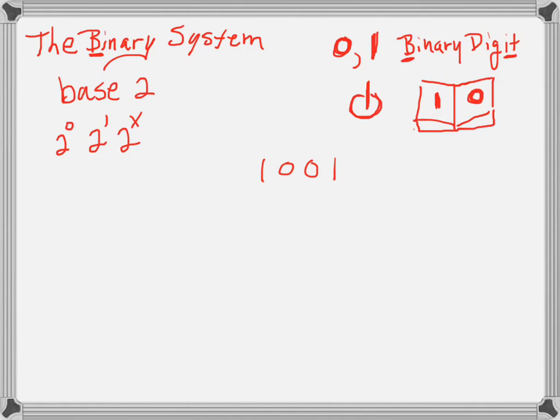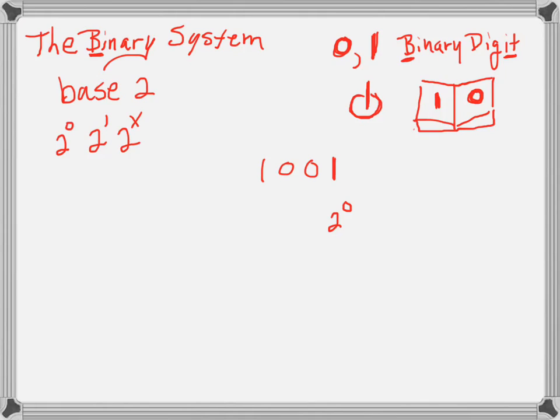Let's say we have this number here, a binary number, and I want to know what is this binary number. Well, this is exactly like the decimal system. This first place here in the decimal system, of course, was 10 to the 0. But now we have a different base system. So this digit here is going to be in the 2 to the 0 position.